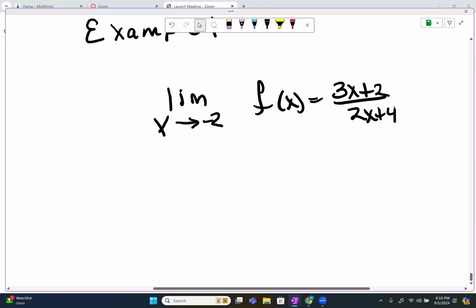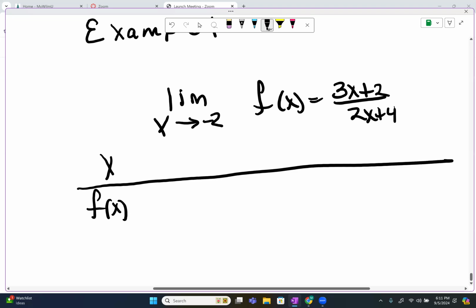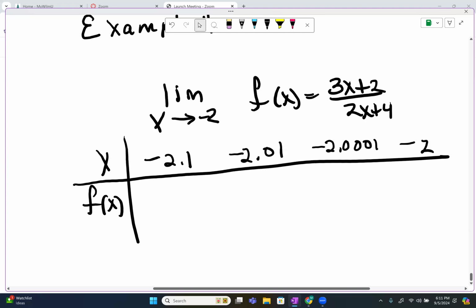This one gets tricky because if you were to draw an f of x table, let's go ahead and draw that. Let's pop in where x is negative 2.1, negative 2.01, negative 2.001, negative 2.0001, and negative 2, and I'll stop there.